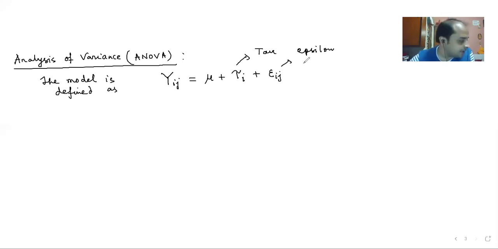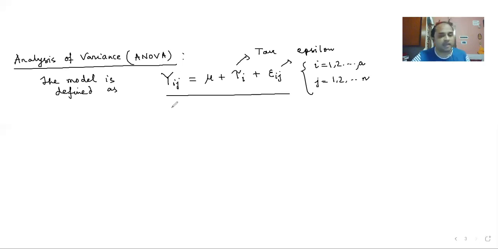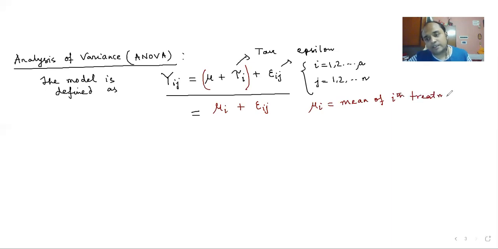Epsilon ij, where i is equal to 1 up to a, and j is equal to 1 up to n. Okay, this is the linear model, and sometimes in place of mu plus tau i, we write mu i, and we write mu i plus epsilon ij. Okay, and mu i is actually called the mean of the ith treatment.